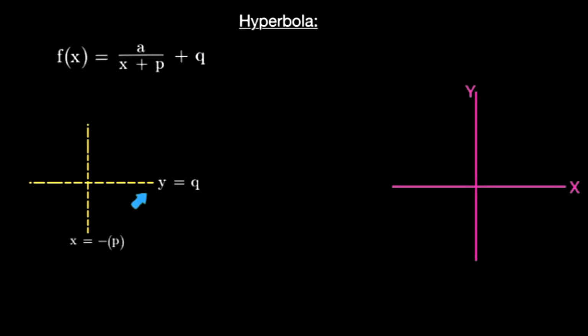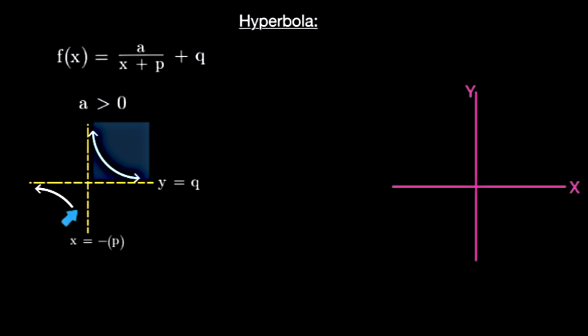Okay, got it. And now, since we know where the asymptotes are, we can look at this a value. This a value tells us in which one of these quadrants we have to draw our hyperbola. If our a value is positive, in other words a is greater than 0, we are going to draw our hyperbola in this quadrant and in this quadrant.